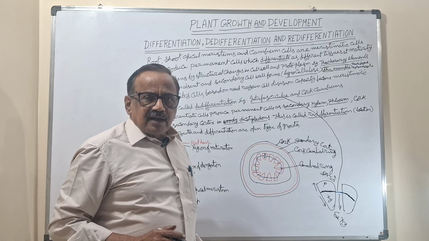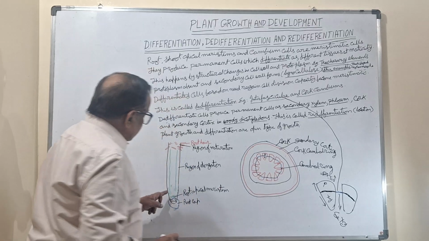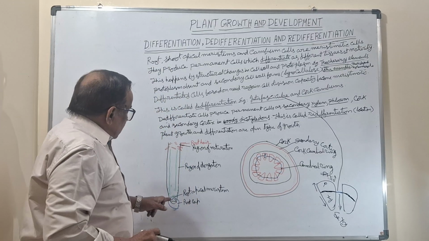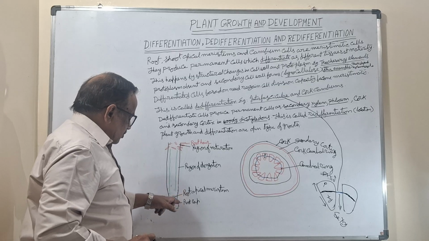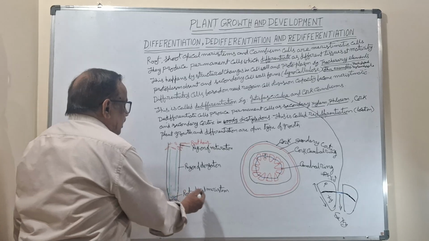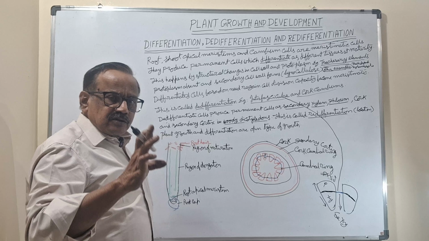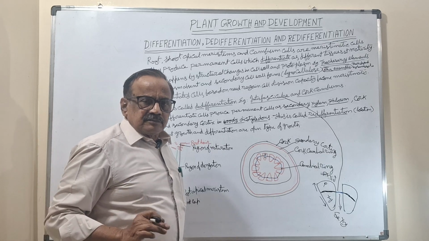Now once more, try to understand this one. This is the apical meristem, which we call the root apical meristem; the shoot apical meristem is the same.